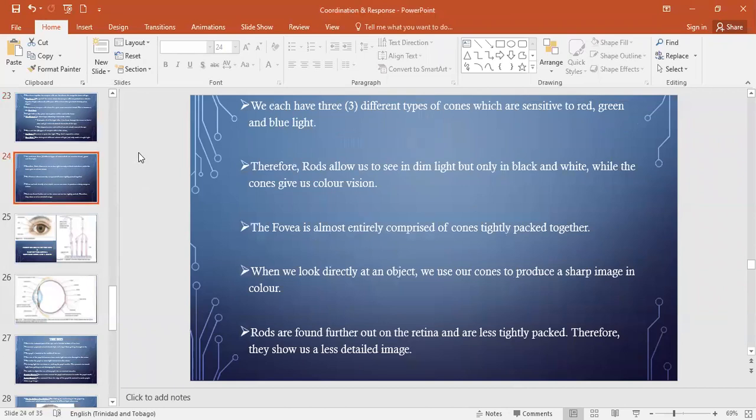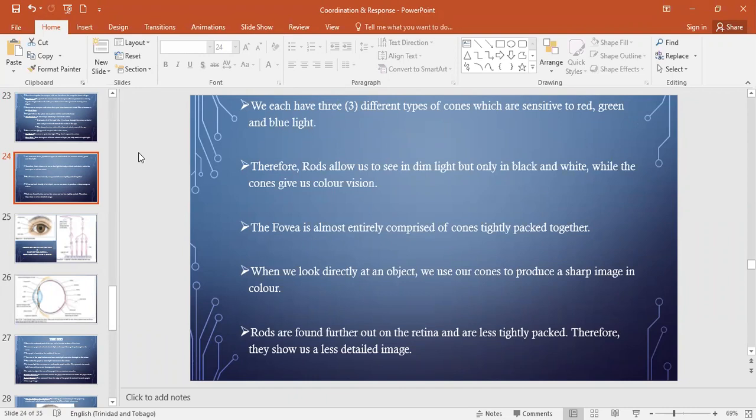Right. Now, with respect to your cone and rod cells, these are the types of photoreceptors that you have. You have 3 different types of cones, which are sensitive to red, green, and blue light, and from there it will mix these in order to get you the colors that you see.